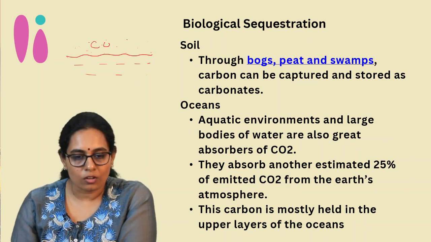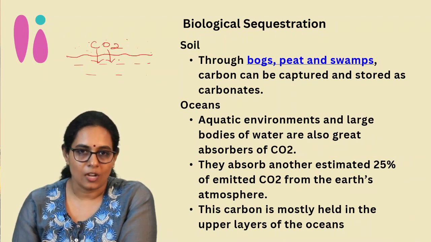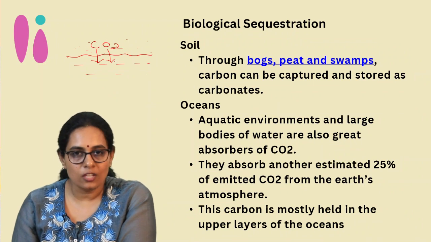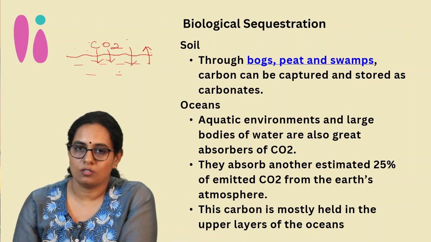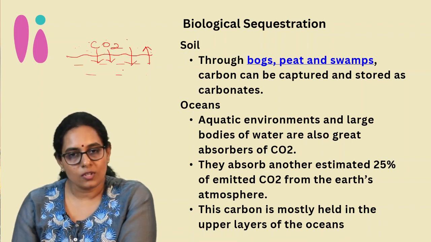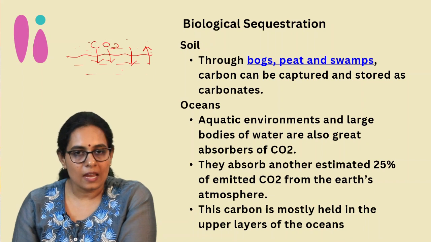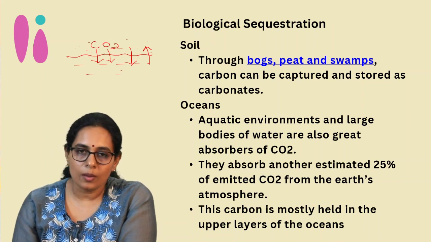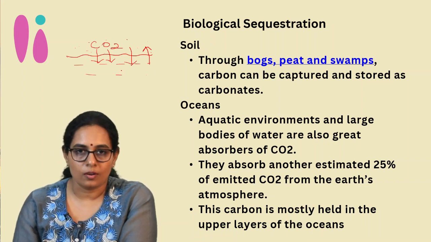So carbon dioxide present in the atmosphere can directly enter into water. There is direct exchange of carbon from atmosphere to water and from water back to atmosphere. This process creates a type of equilibrium in the atmosphere.